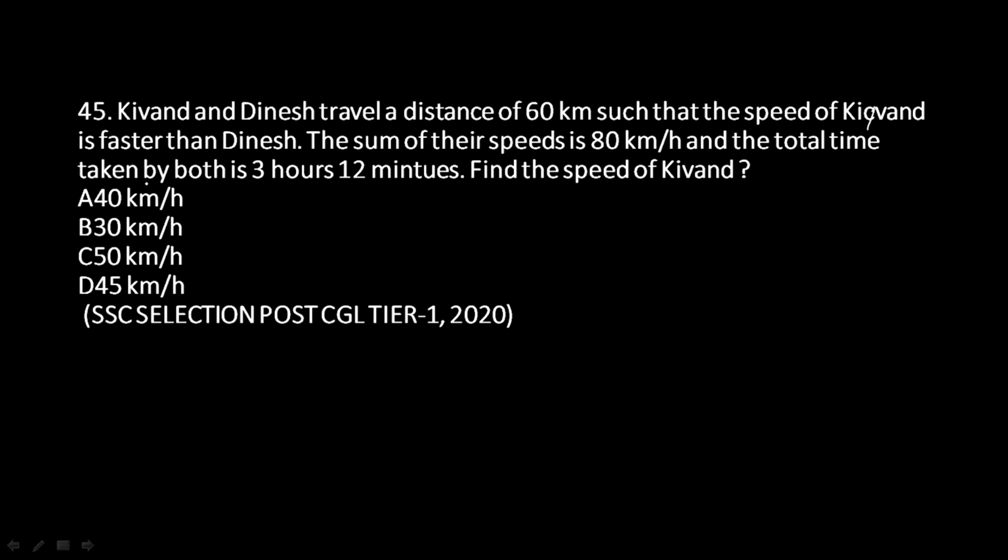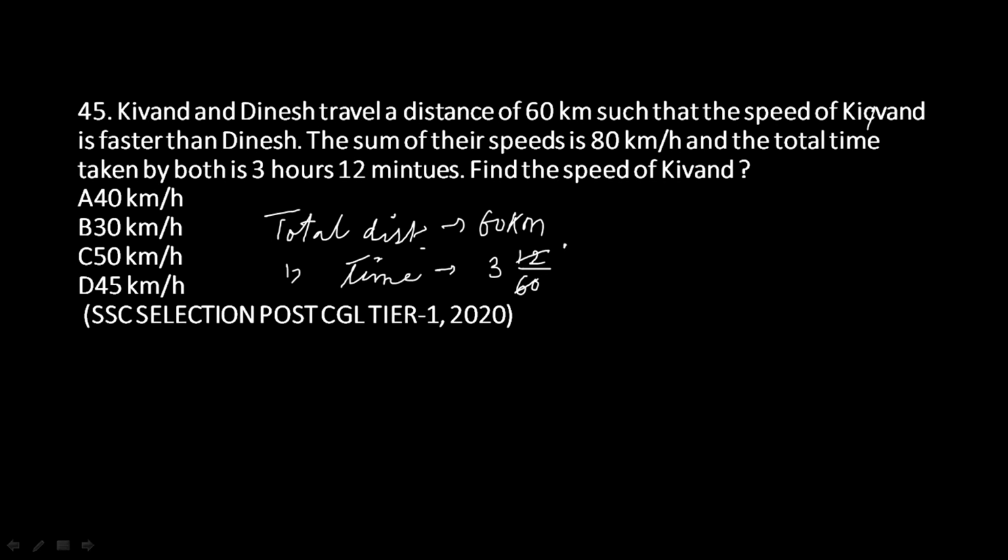Total distance is 60 km, right? Total time is 3 hours 12 minutes, means 3 and 12 by 60, means 3 and 1 by 5, means 16 by 5 hours. I hope it is clear to you.